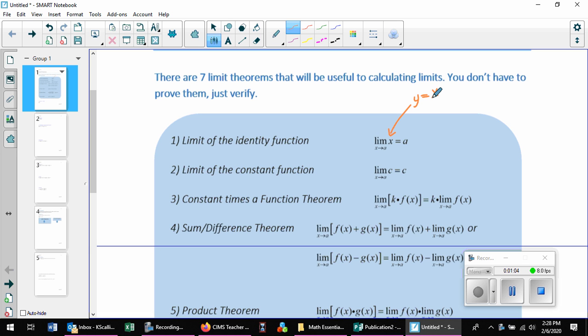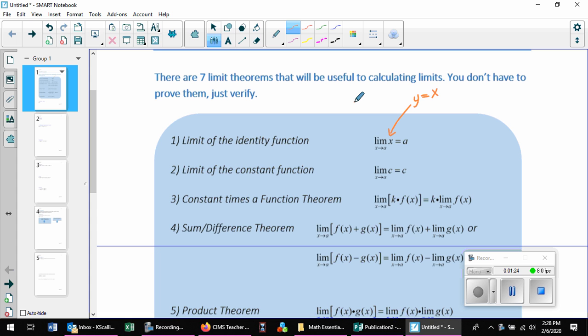It's approaching 2, because they're the same thing. Your x and your y are doing the exact same thing. So because y and x are equal, if x is approaching 2, your function is going to be approaching 2. Easy, right? The basic one.